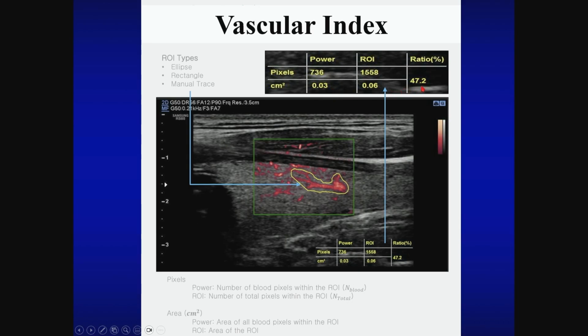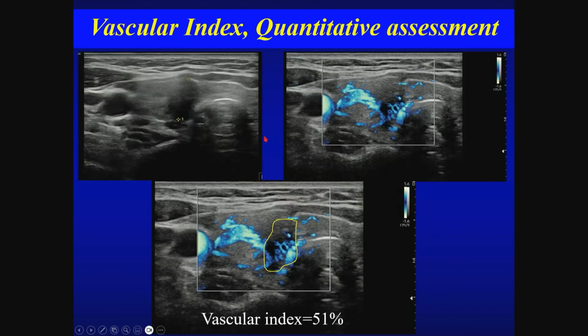So the vascular index is measured as 47% in this image. So we can measure the vascularity of this papillary cancer. Microvascular flow signal shows vascularity along the tumor, and the vascular index was 51% in this case.